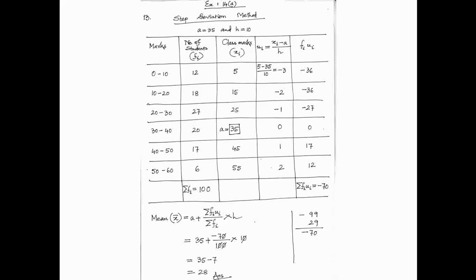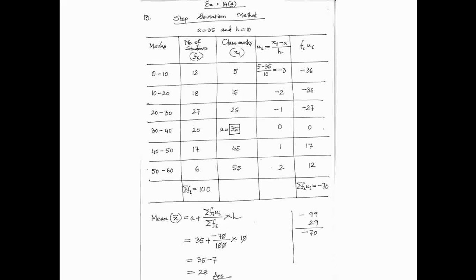Then on the top of the table it is also written h equal to, h means what? That is the class size. So 0 to 10, 10 to 20, what is the class size? That is 10. h equal to 10.